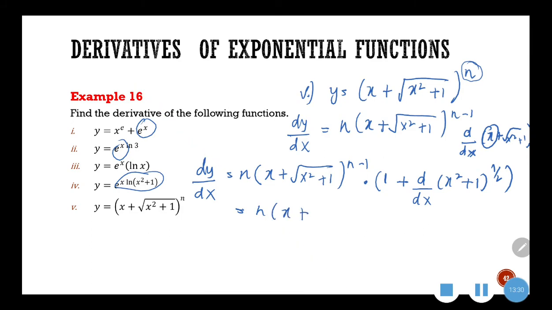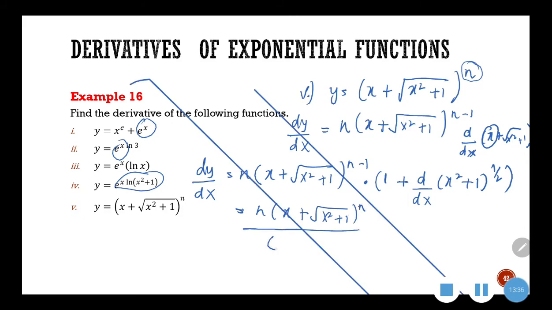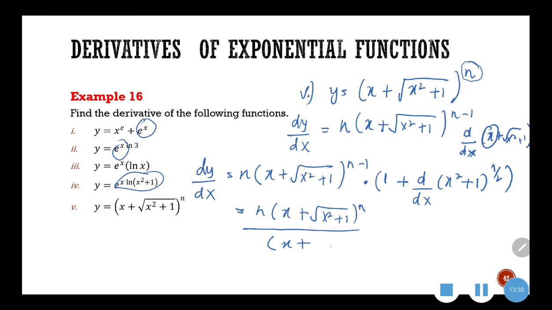Okay, x tambah dengan square root of x squared plus 1 power of n. Saya boleh nak buat benda ni kat bawah, x tambah dengan square root of x squared plus 1 kuasa 1 kat sini kan, kita bring down. So yang ni 1, differentiate x squared plus 1 power of half. Again, tak adalah susah sangat.